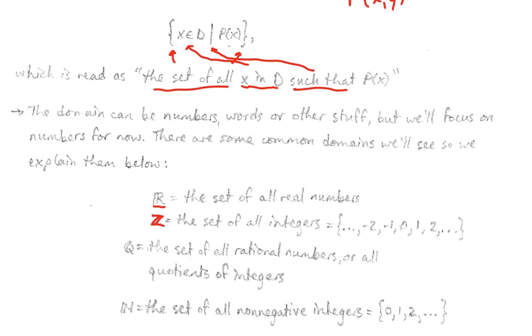Another subset of the set of all real numbers is the set of all fractions, or set of all rational numbers. These are quotients of integers so long as the bottom is not 0. And we denote this set with a funky capital Q. It looks like just a regular capital Q, except on the left outside edge we have another curve in there. And then the last common domain that we will be looking at in this course and also in higher level courses is the set of all non-negative whole numbers.